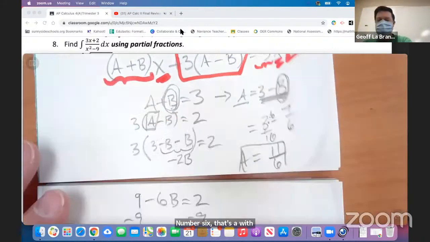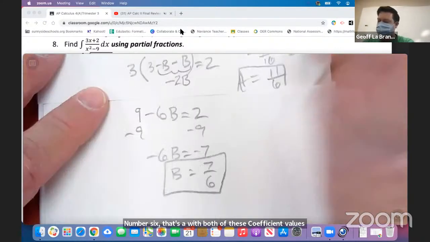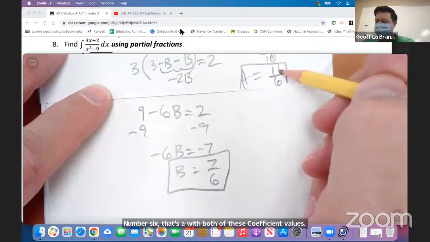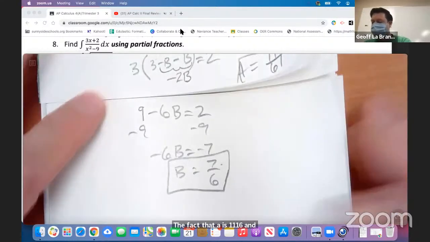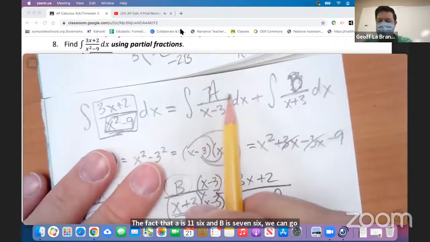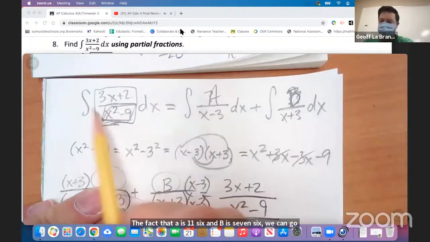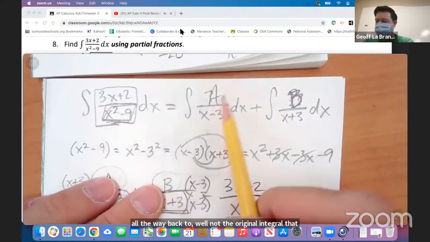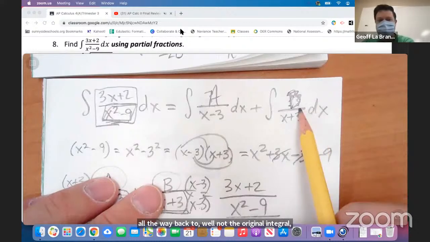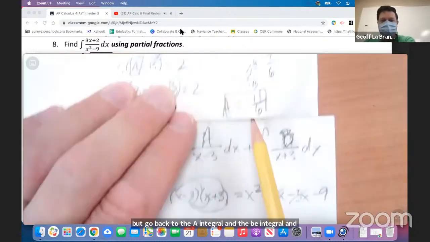With both of these coefficient values, the fact that a is 11/6 and b is 7/6, we can go all the way back to, well, not the original integral, but go back to the a integral and the b integral and put those values into them.